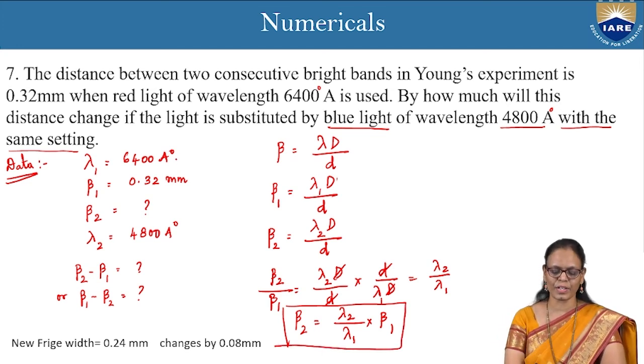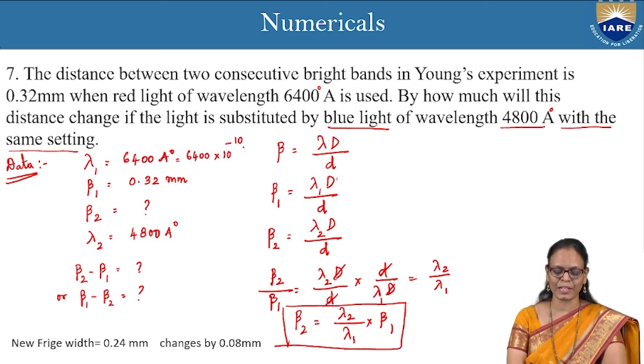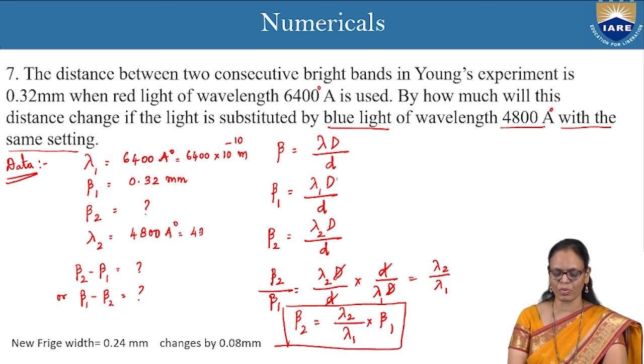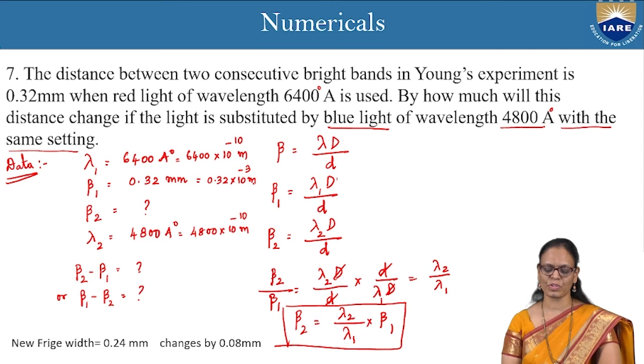Now let us see the units. 6400 angstrom will be 6400 into 10 power minus 10 meter. This is 4800 angstrom, so 4800 into 10 power minus 10 meter. And this is 0.32 millimeter, so 0.32 into 10 power minus 3 meter. So that is the conversion.